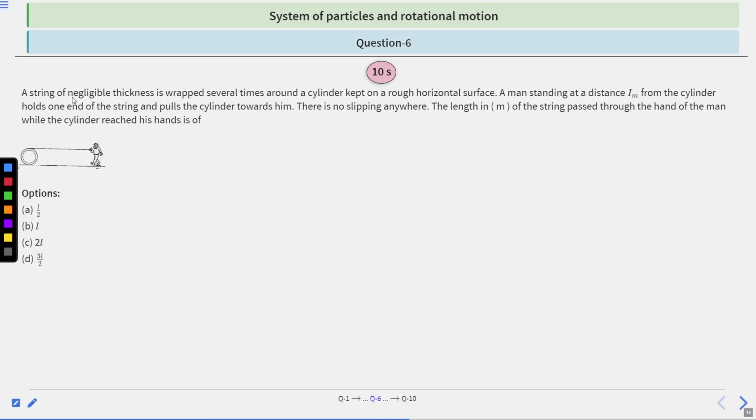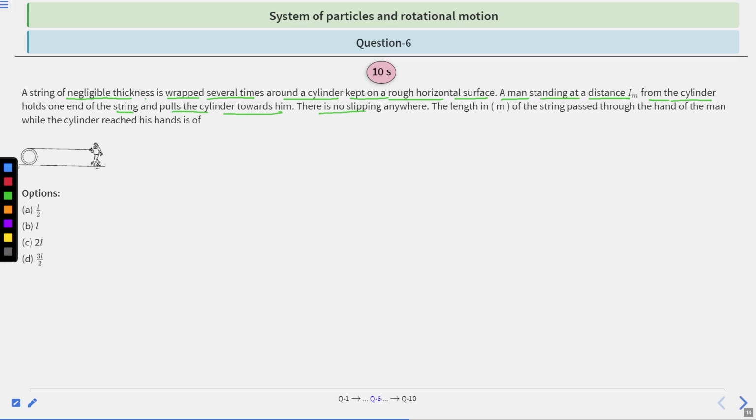A string of negligible thickness is wrapped several times around a cylinder kept on a rough horizontal surface. A man standing at a distance L from the cylinder holds one end of the string and pulls the cylinder towards him.